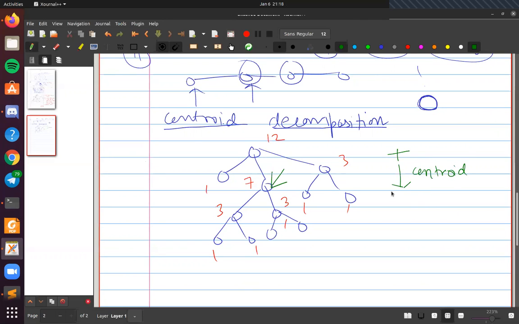So you will have vertex u, which is a centroid, and you make this the root, and it will be like this. So in our case, it will be like this one. The second part would be this, and this.